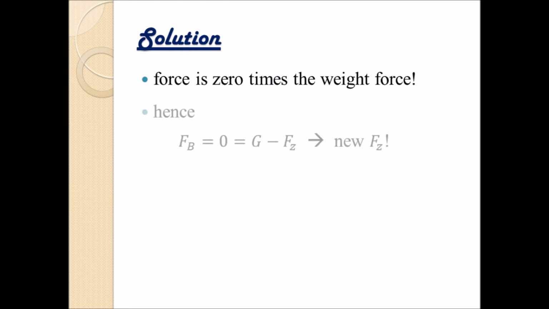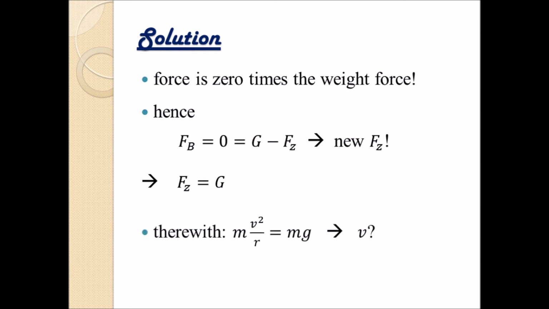So FB equals 0 in this case, which means nothing new than that the weight force equals the centrifugal force. And of course, it's a new centrifugal force. So therewith, we can use the basic equations for weight force G on the right-hand side as m times g, and on the left-hand side for the centrifugal force, m multiplied with velocity squared divided by radius r.